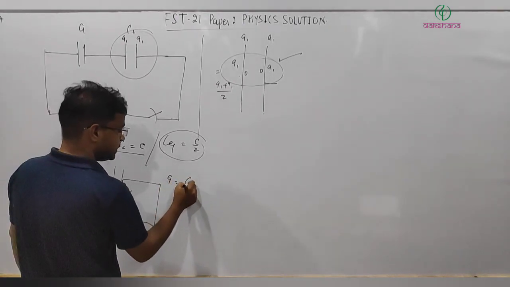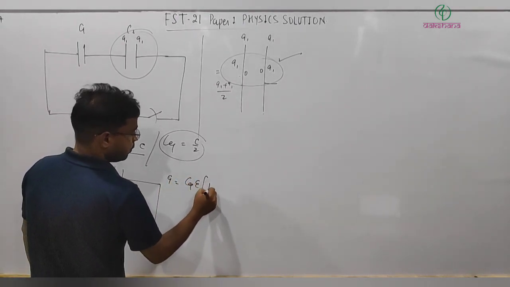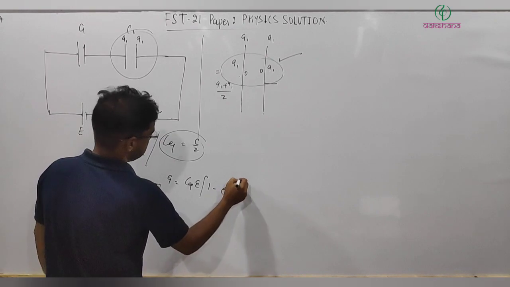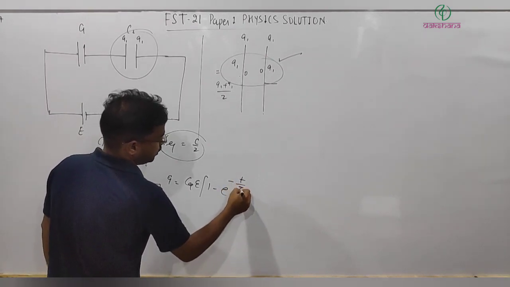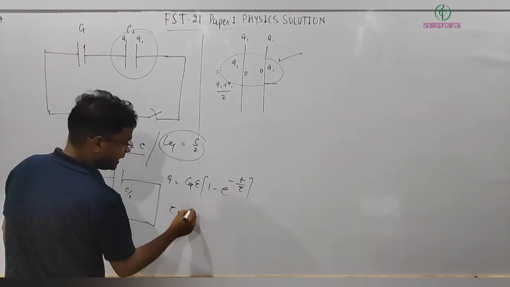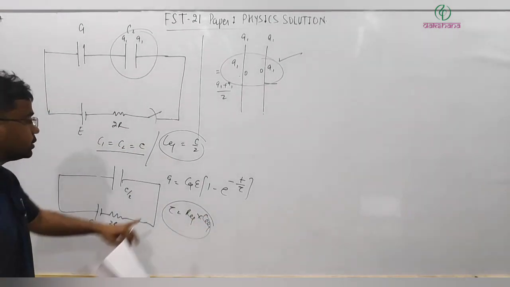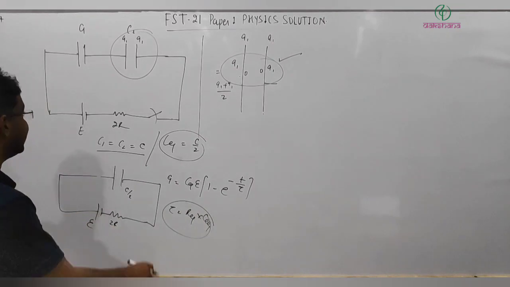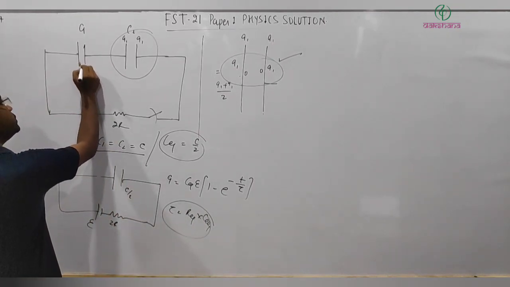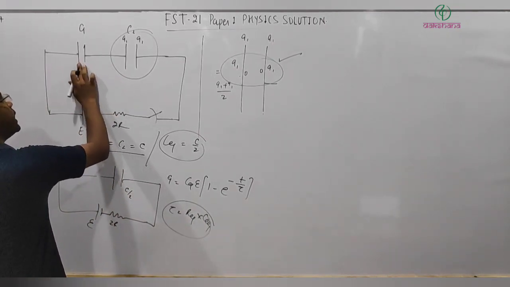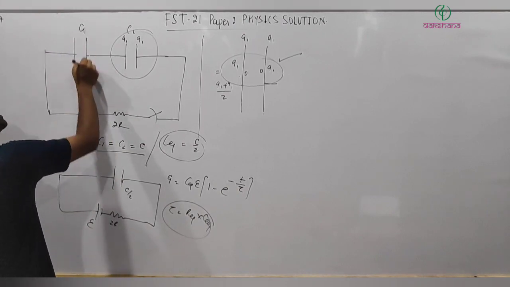So this will be C equivalent into E into (1 minus e raised to power minus t by tau), and tau is equal to R equivalent into C equivalent. So this is the system. Now once we have charge Q, then in that situation here will be charge Q and here will be minus Q. Let me draw it a little bit larger.